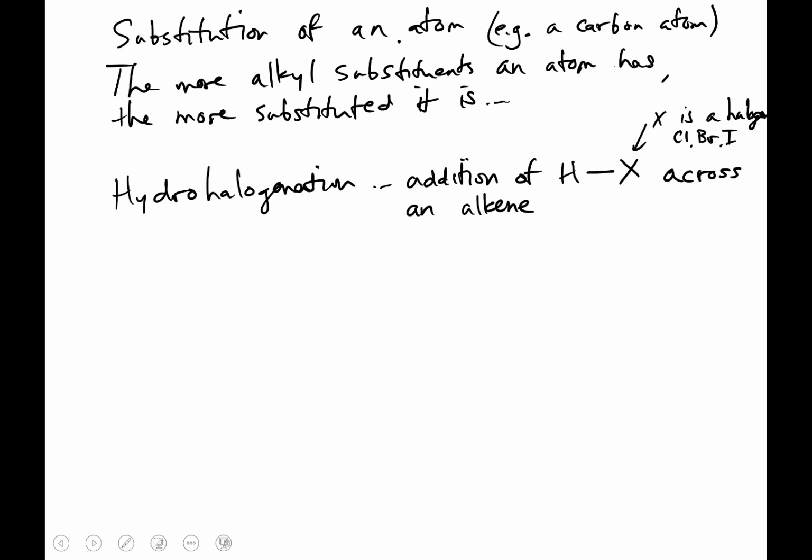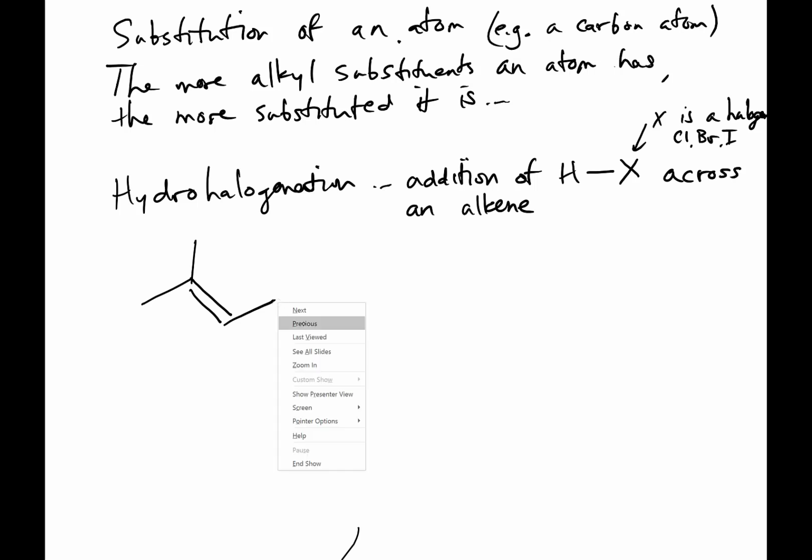Let's do it in bond line, in case that's something you're becoming comfortable with, and hopefully you are. So let's do something like this. Hopefully that goes away here in a second.